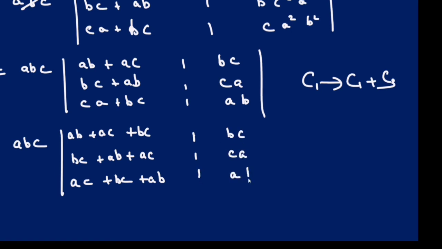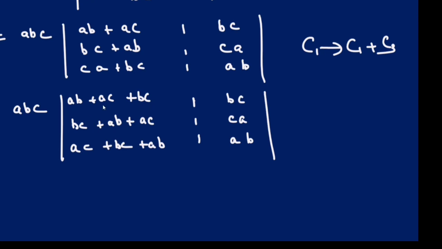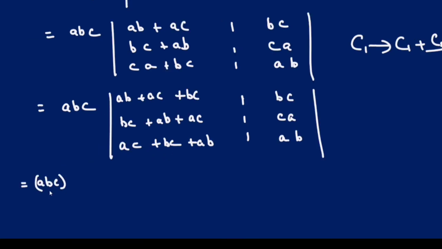ac, ab. Can you see ab, bc, ac here? ab, bc, ac. The same term. We can take it common: ab plus bc plus ca common. I can take it out.